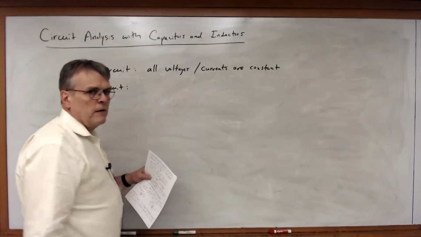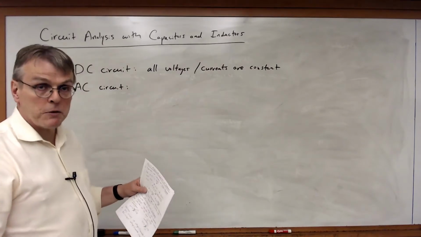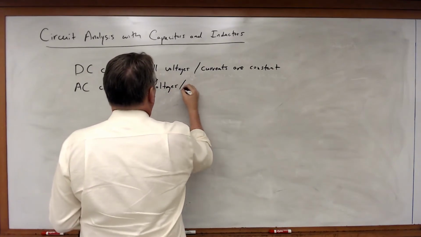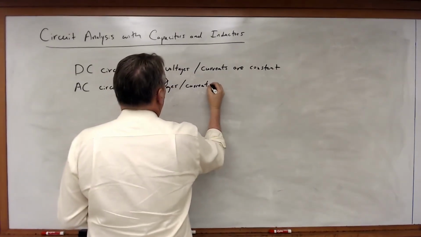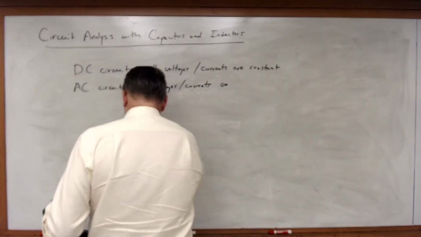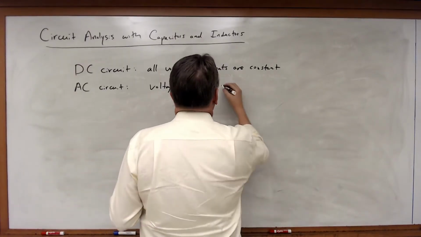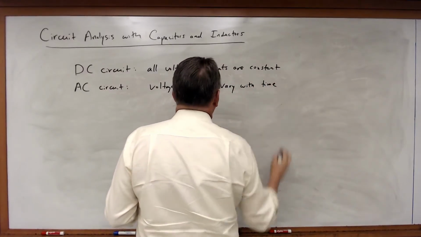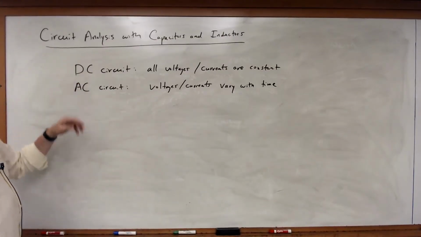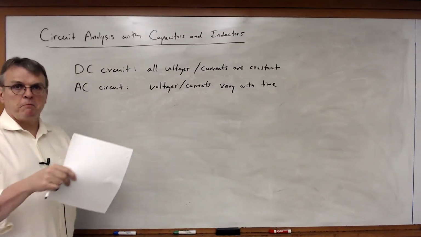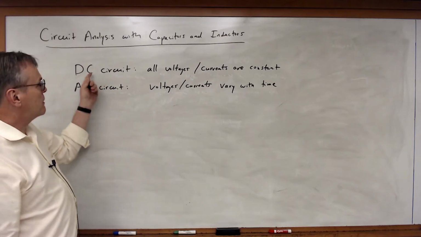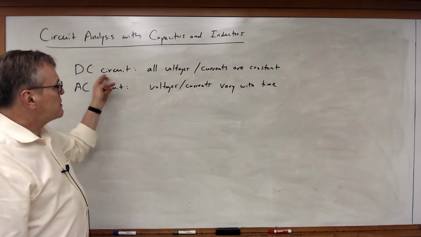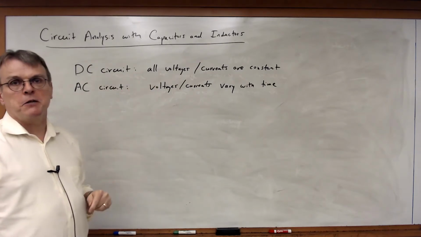In an AC circuit, the voltages and currents will change with time. These go all the way back, as I said before, to when we were first running electricity all over the country: direct current versus alternating current. Now they have a broader definition: things that do not change with time versus things that do change with time.